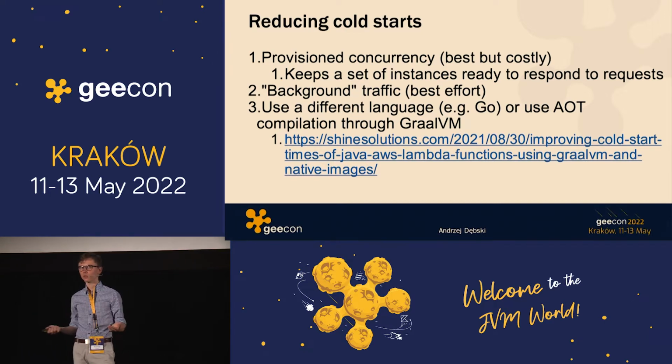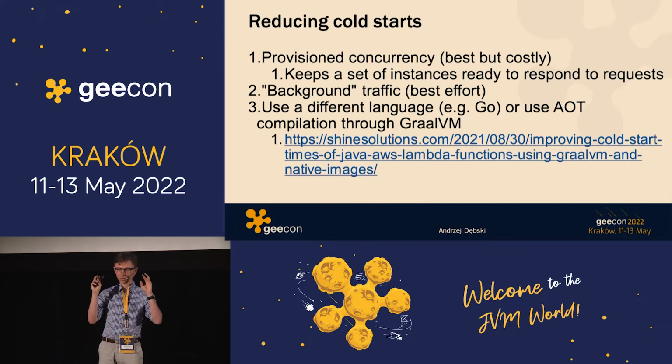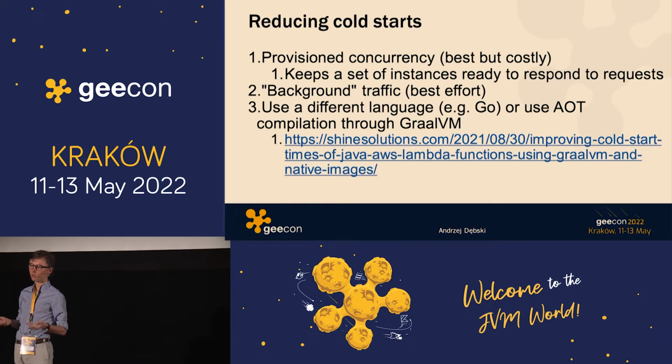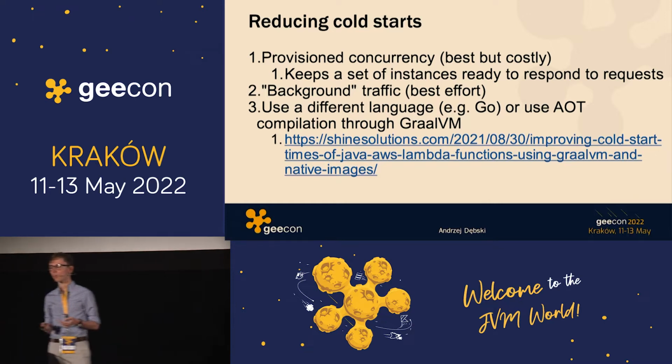It is a best effort attempt, because you may have situations where all the quote-unquote live containers are handling the artificial traffic, and the clients will be unlucky, and their requests will be handled by a new instance. So that's not something I would recommend, but I've seen people do that.